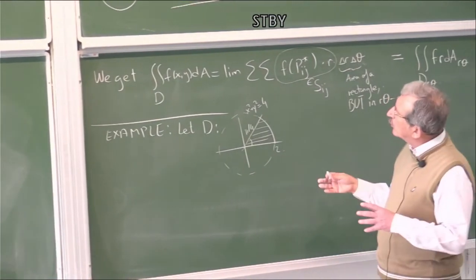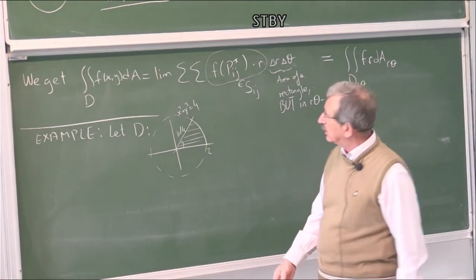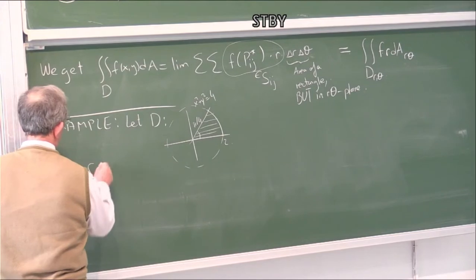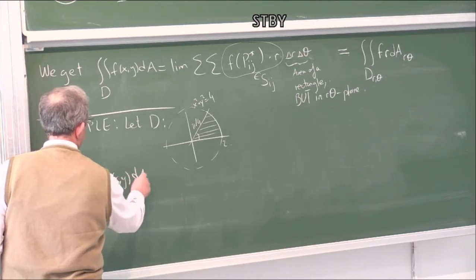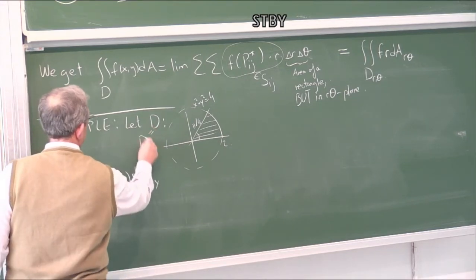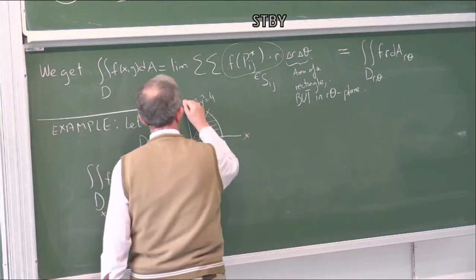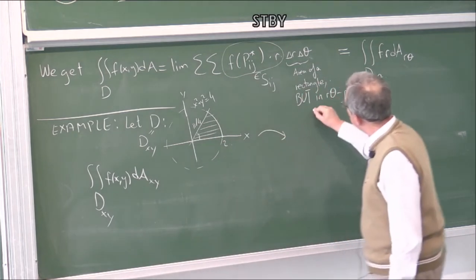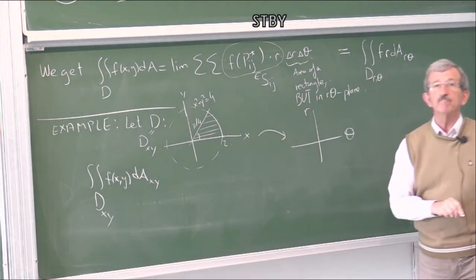Now we want to write our double integral in terms of polars. That is, using this. So our double integral of f(x,y) dA_xy, I will put an xy here, meaning these are the x and y's. I want to write this in the r theta system.